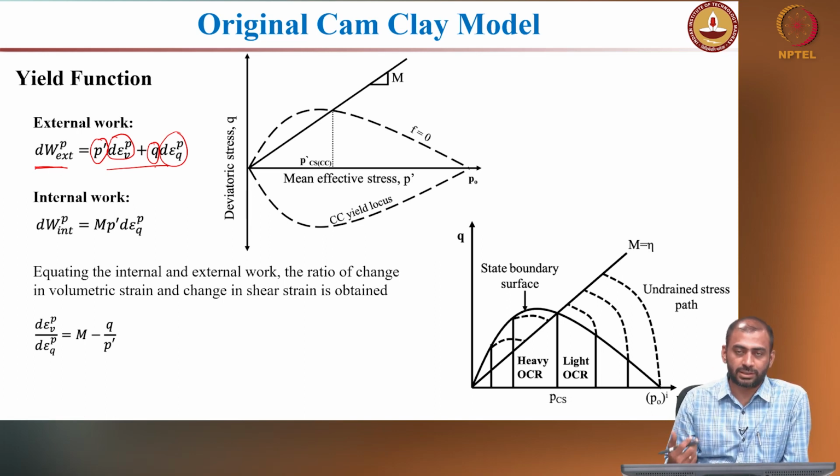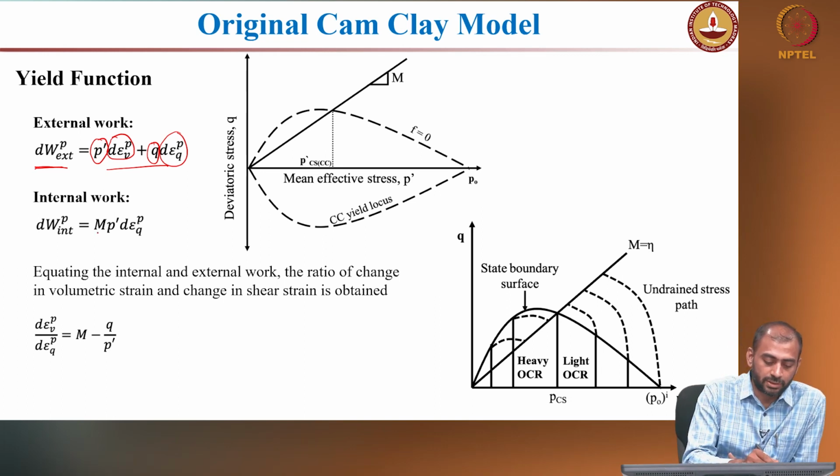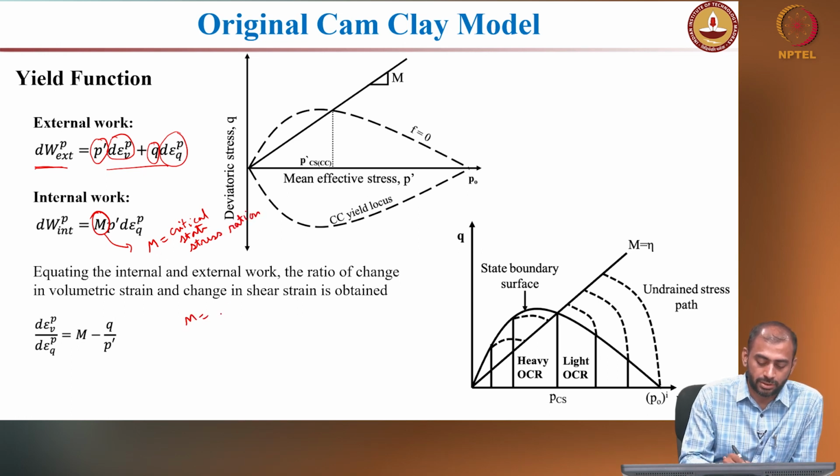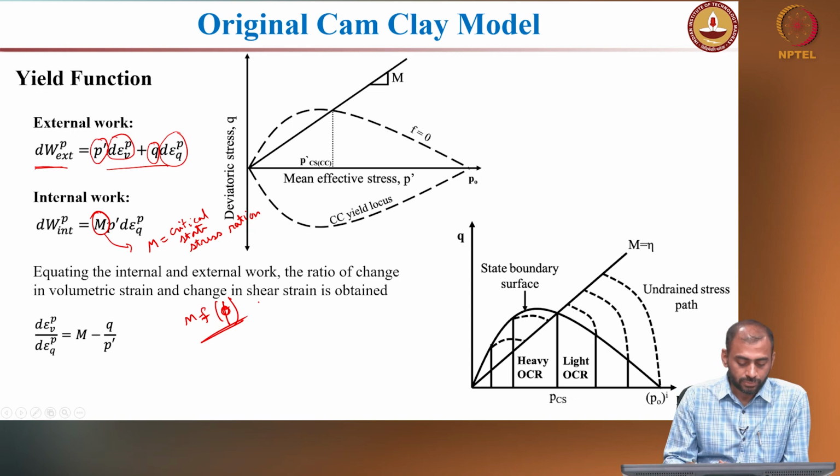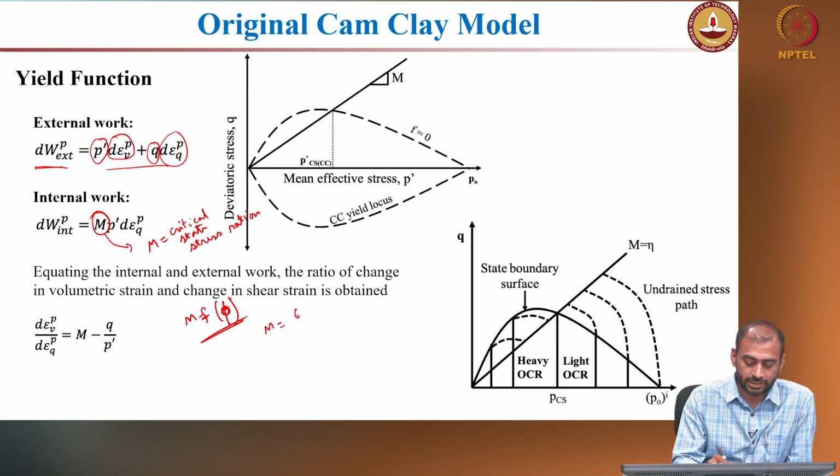What is the internal work that is generated when you apply this external work, right? So you have this material property here, M. M is nothing but the critical state stress ratio, right, and M is a function of the friction angle, right. M is equal to 6 sin phi divided by 3 minus sin phi, right.